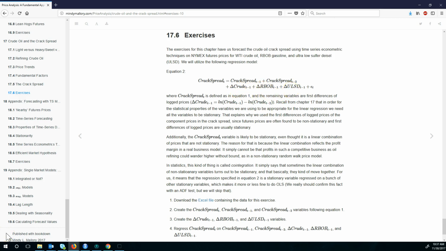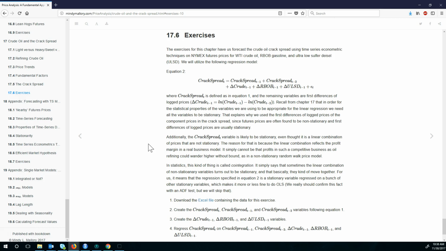So now let's talk for a minute about whether or not this specification is going to be statistically appropriate. You probably remember when we did our forecasting exercise with the AR(p) model, we spent a lot of time talking about stationarity of the time series variables, and how it was really important to make sure when we were doing our regression model that our data were stationary.